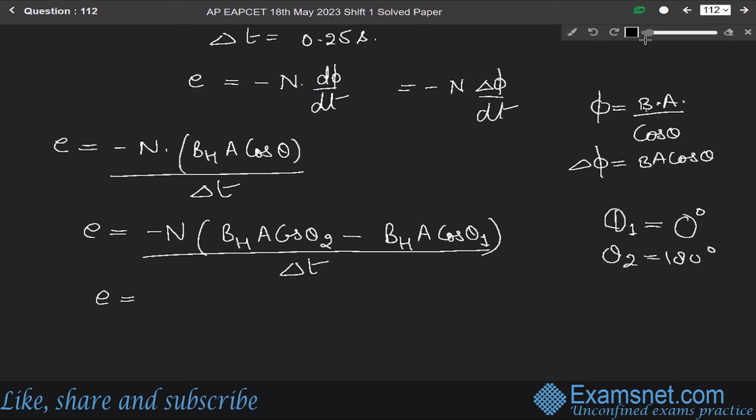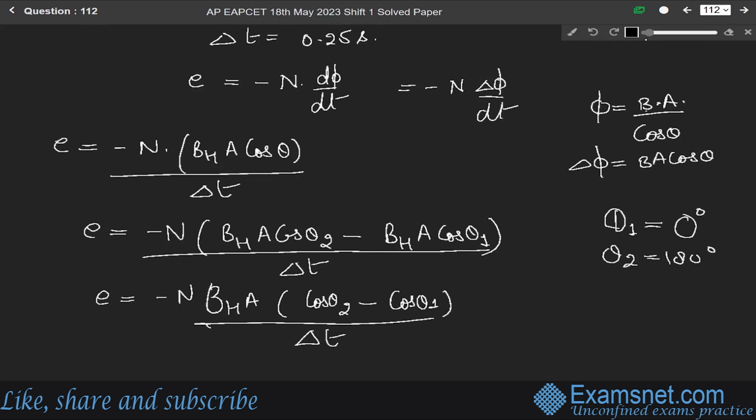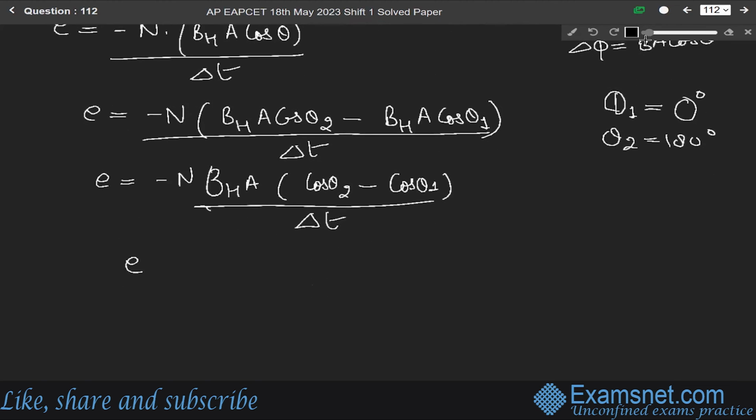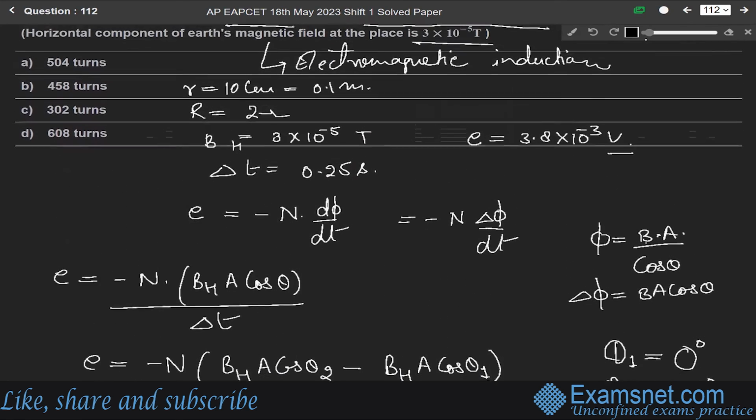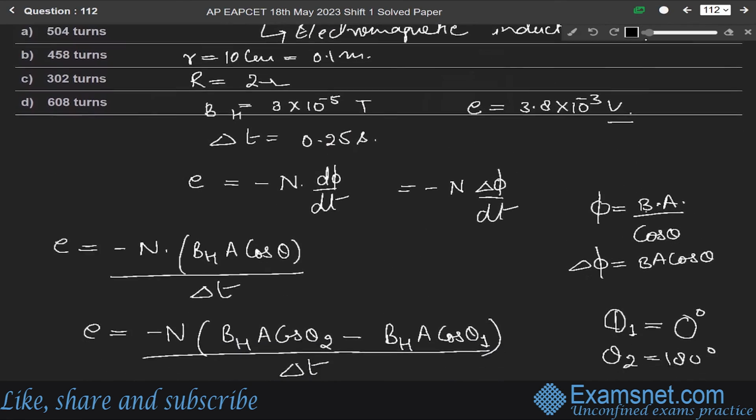So EMF now becomes minus of N, taking BA common, cos theta 2 minus cos theta 1 over delta t. Now this will become minus of N BA. Magnetic field is given as 3 into 10 to the power minus 5 and area is pi r square.